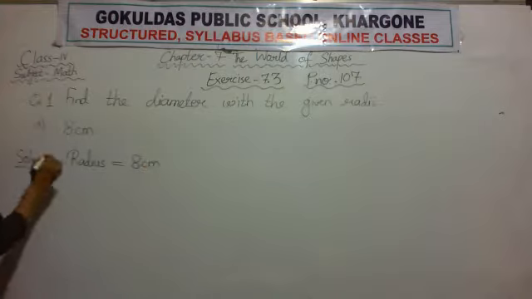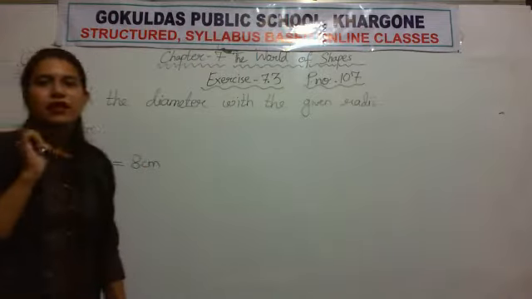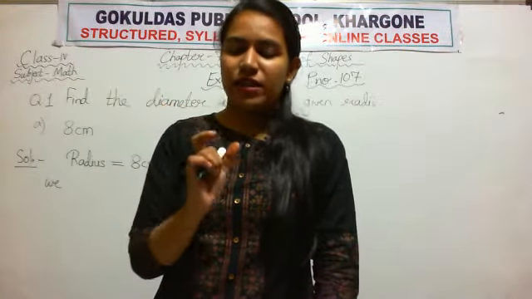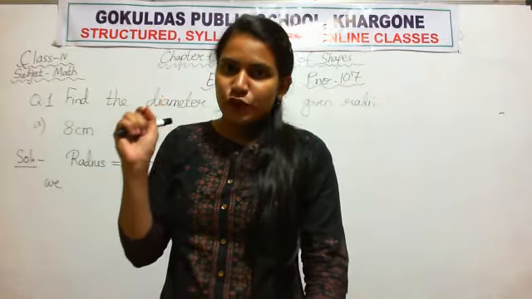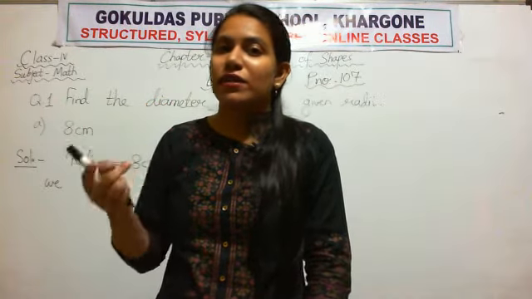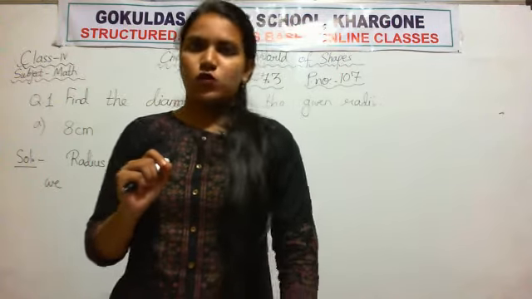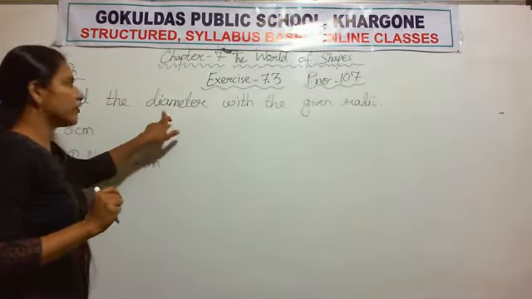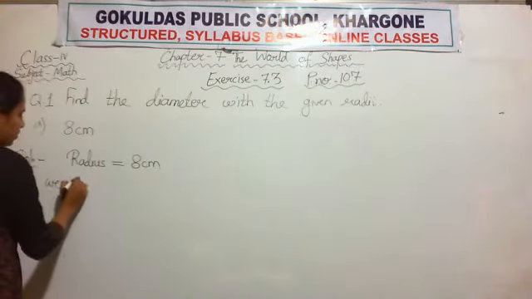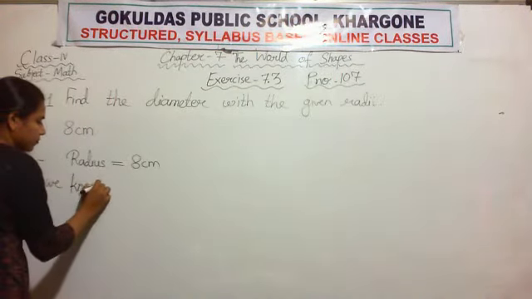It is given. We know one formula. In the previous lecture I gave you two formulas, right? Diameter is equal to 2 into radius, and the second formula was radius equals to diameter divided by 2. Here we are going to find diameter, so we are using the first formula.